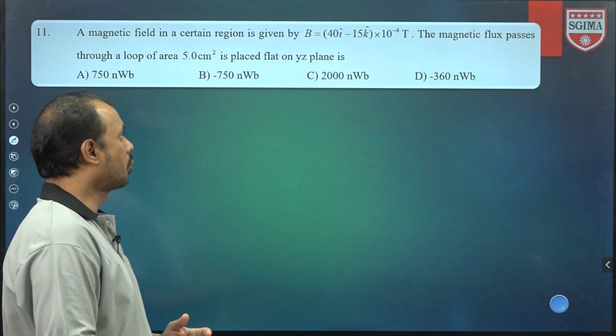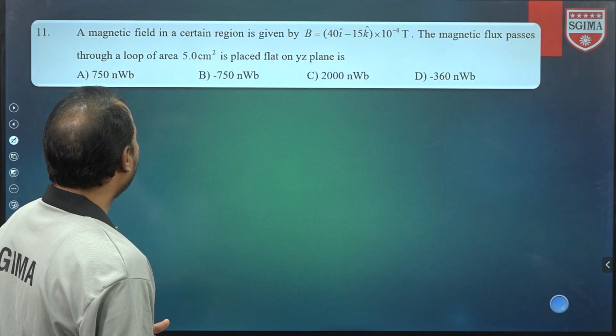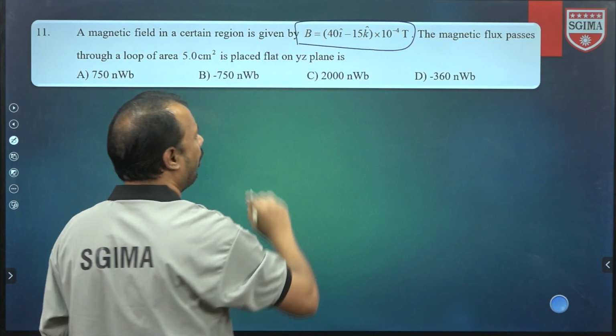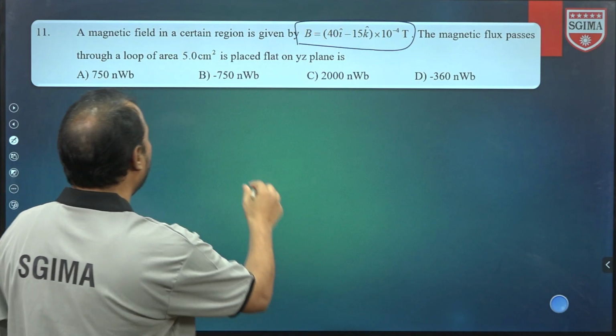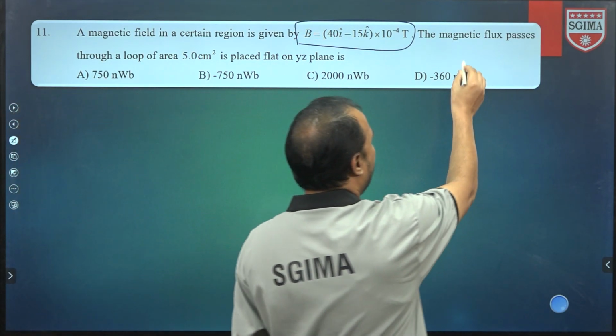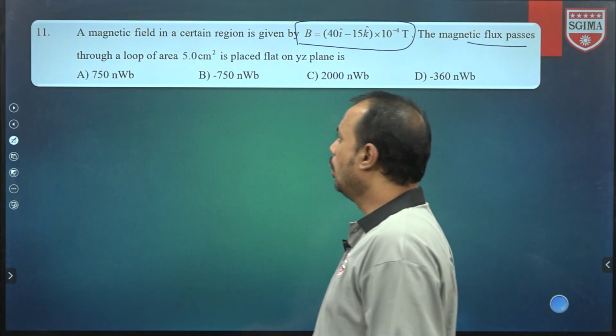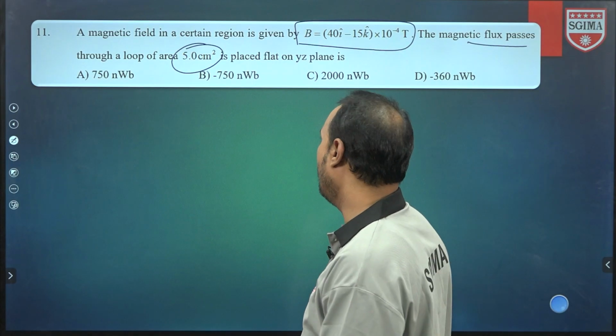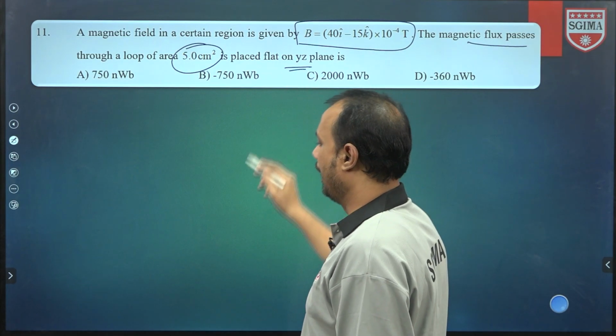So what is given in question number 11? The magnetic field in a certain region is given in vector form, and they ask for the magnetic flux when a loop of area, also in centimeter square and converted into meter square, is placed in the YZ plane. The coil is placed in the YZ plane.